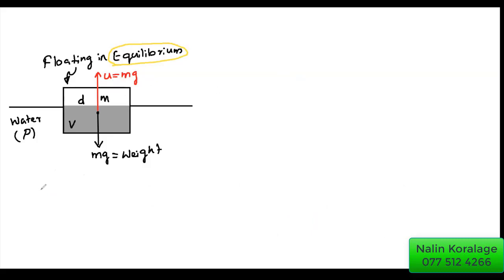What is U? That is called upthrust. Understood, right? That's why U is there. That U is called upthrust. There's another name for it: buoyancy force. Be careful when I write that. Even teachers sometimes misspell this word, buoyancy, right?